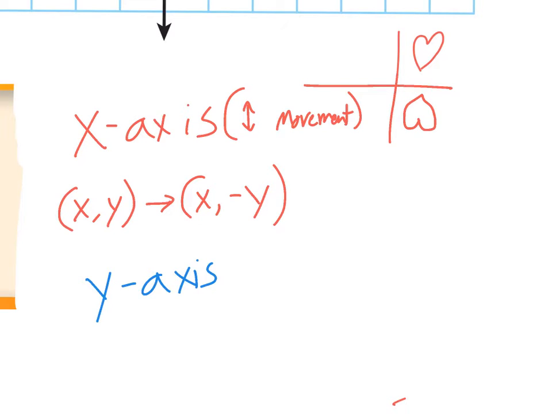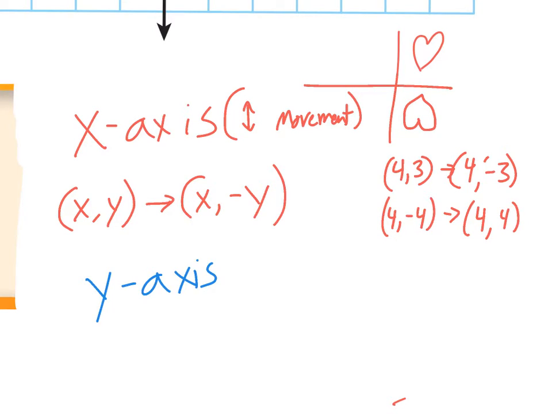And that's it. So if we had, let's say, 4 and 3, if I were to reflect that point over the x-axis, that would become 4, negative 3. If I had 4, negative 4, that would become 4, positive 4.